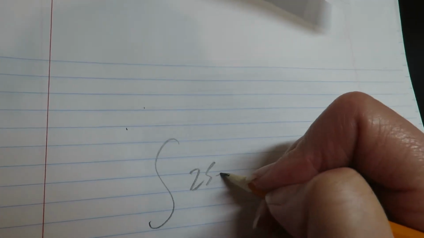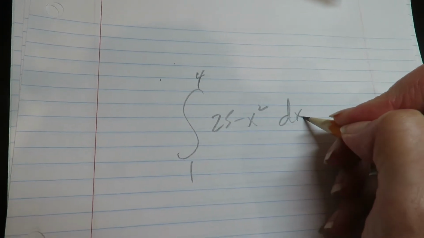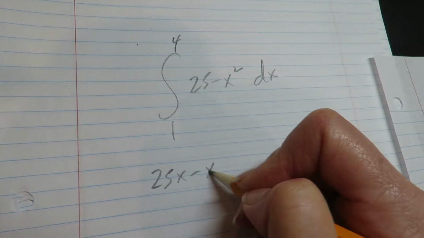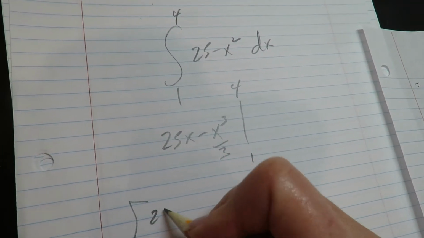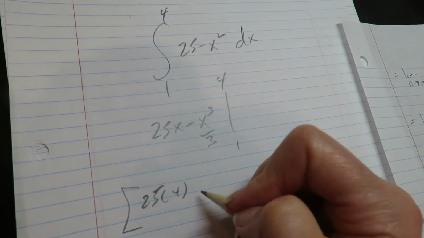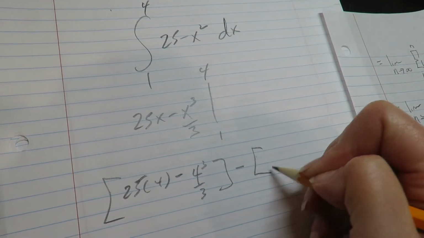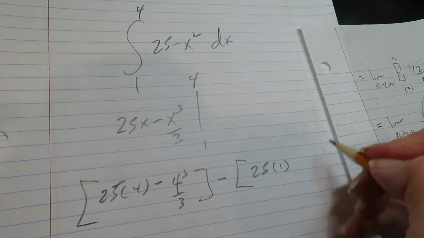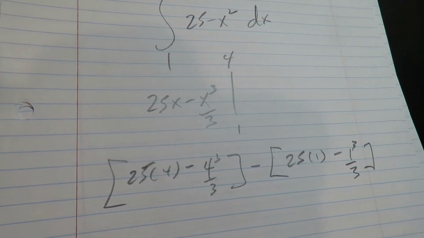Now I'm going to double check quickly with the integral. So I would be integrating 25 minus x squared from 1 to 4 dx, so that's 25x minus x cubed over 3 from 1 to 4. So that would be 25 times 4 minus 4 cubed over 3, minus 25 times 1 minus 1 cubed over 3. Okay, so let's see what we got.